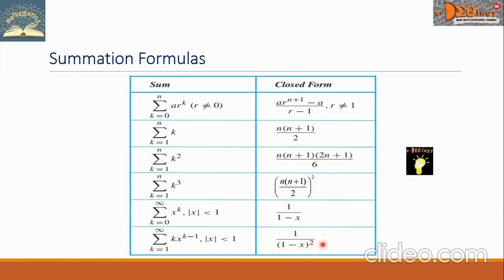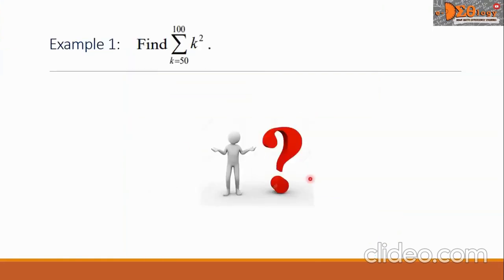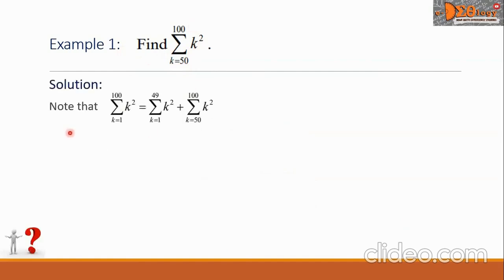Let us see some examples. Example 1, find the summation of k squared, where k equals 50 up to 100. Take note that summation of k squared, where k equals 1 up to 100, is equal to the two summations here.